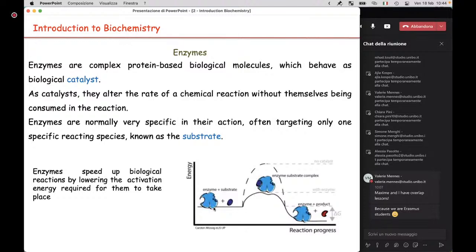They have a specific energy level, and by necessity, the products should have a lower energy level, because if the reaction has to be spontaneous, has to happen, the products must have a lower level of energy.